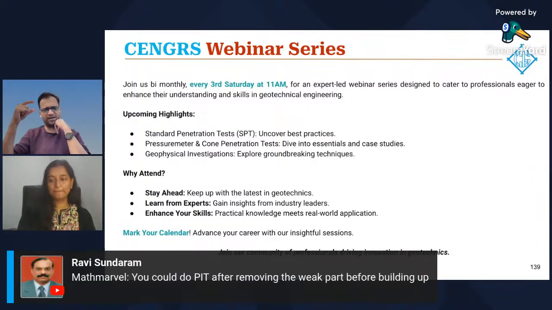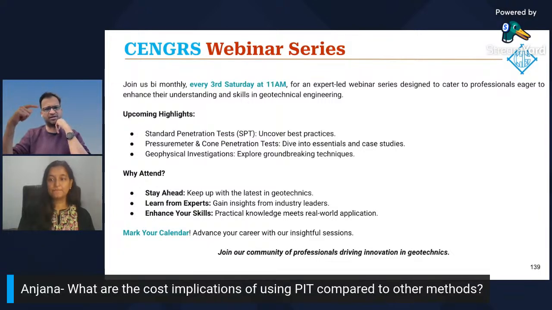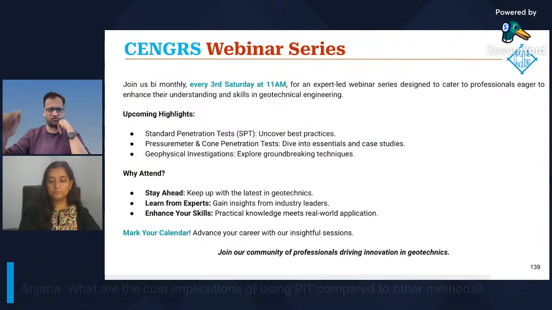So again and again, I say don't use it like a conclusive report. Use it more like an indicative report for pile integrity, and use the PIT data to course correct your piling methodology or to decide which piles to select for further integrity tests, load tests, and so on.